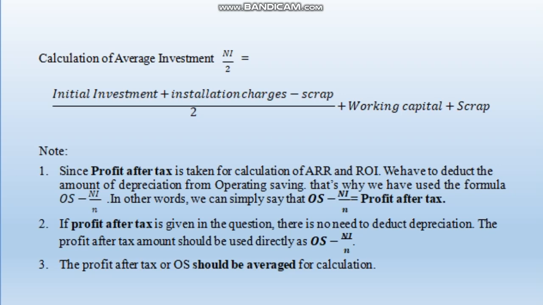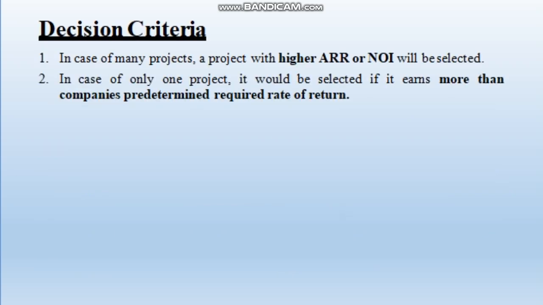The profit after tax or OS should be averaged for calculations. So these are some of the points to be taken into account while calculating accounting rate of return. Let us see the decision criteria for accounting rate of return. In case of many projects, a project with higher ARR or ROI will be selected.